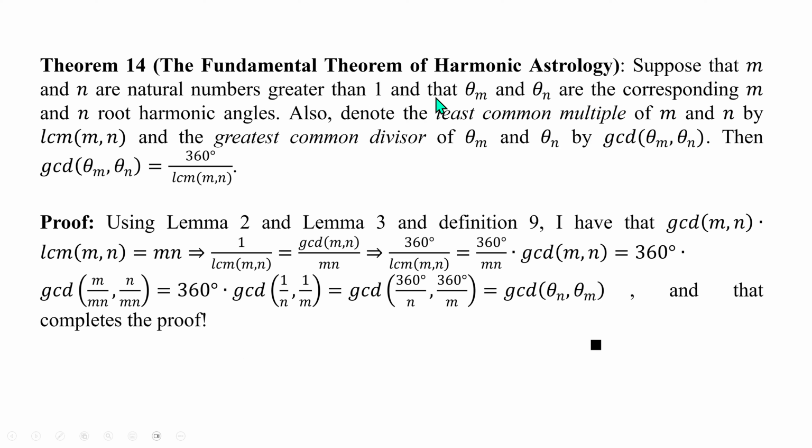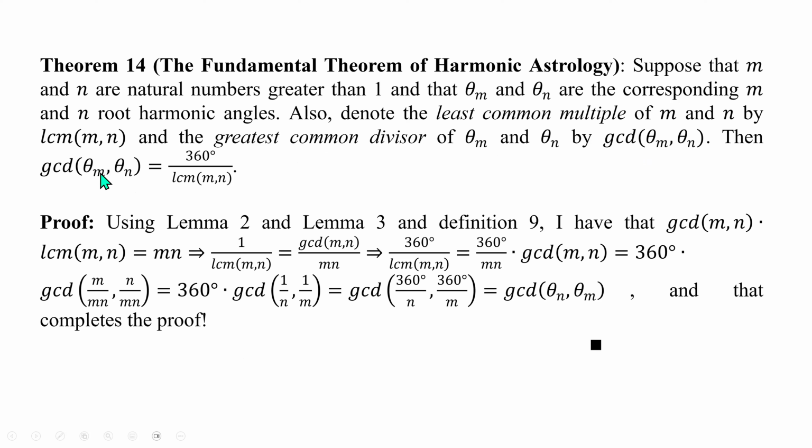So let's suppose that M and N are natural numbers greater than 1, and that theta sub M and theta sub N are the corresponding M and N root harmonic angles, which we get by just dividing 360 degrees in turn by M and N. Also, denote the least common multiple of M and N by LCM(M, N), and the greatest common divisor of theta sub M and theta sub N by GCD(theta sub M, theta sub N).